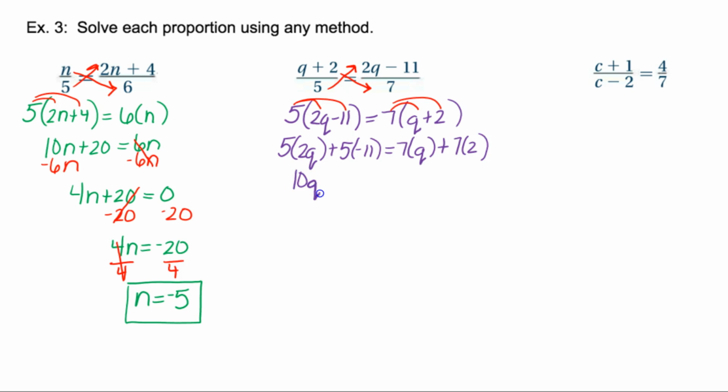So 10q minus 55 equals 7q plus 14. I'm going to subtract 7q from both sides. So 3q minus 55 equals 14.